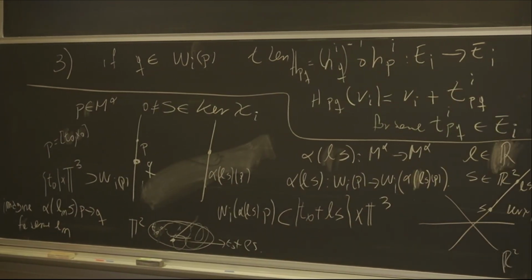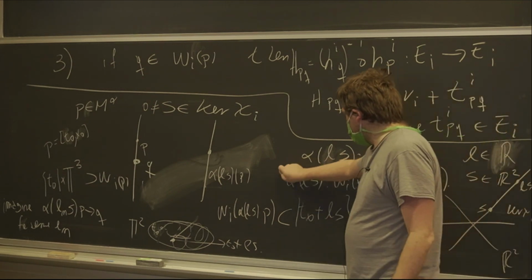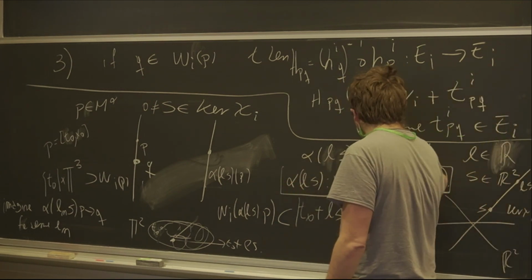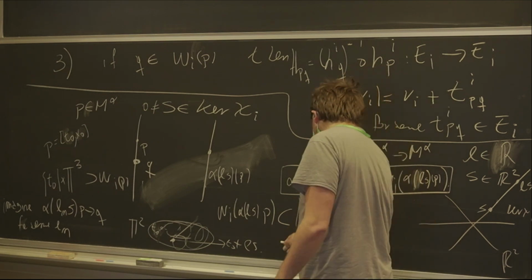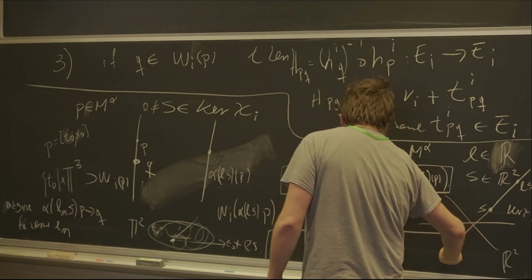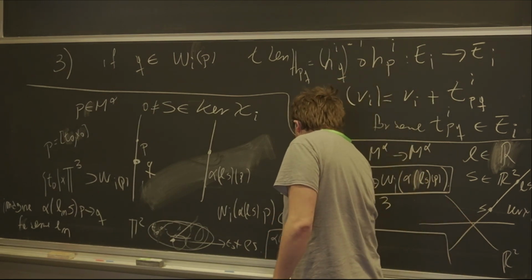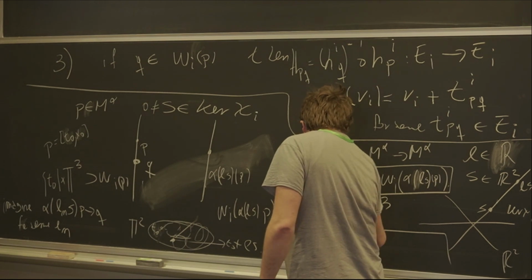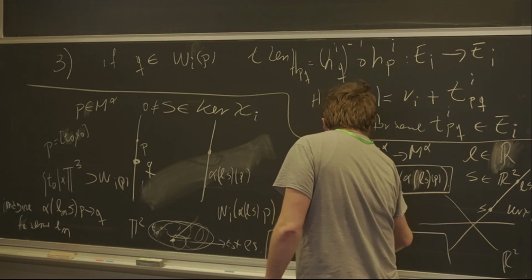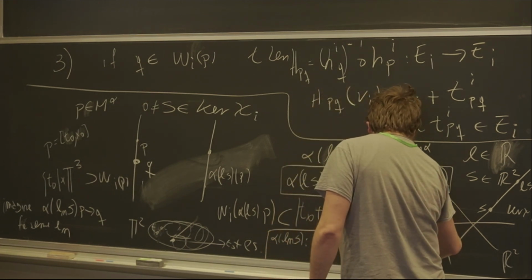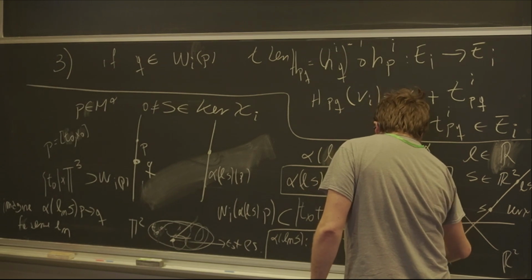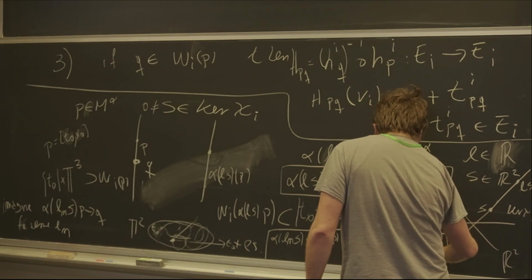Imagine these were true. Then I have this sequence of transformations, alpha_{Ln S} from W^{wi}_P into W^{wi} of alpha_{Ln S} of P.